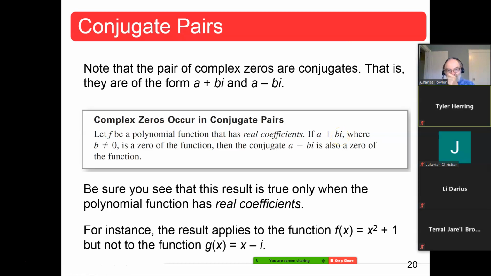If that square root comes out negative, you'll come out with an i here, and these will always be in conjugate pairs. So I think that's all I'm going to say about that.